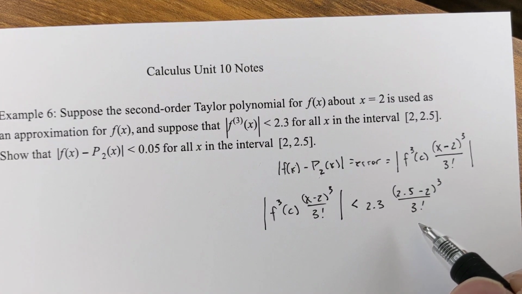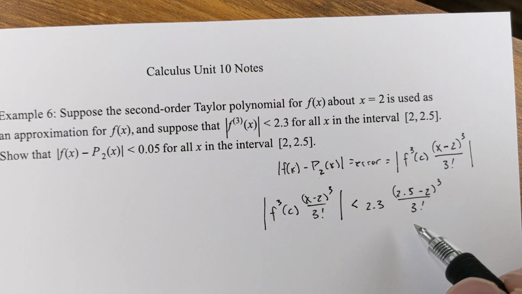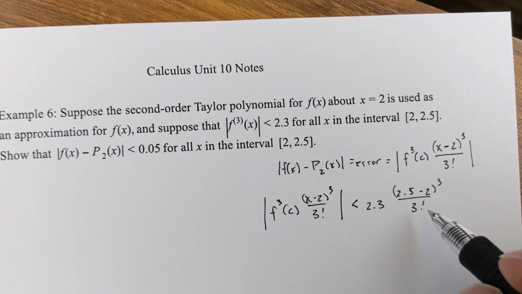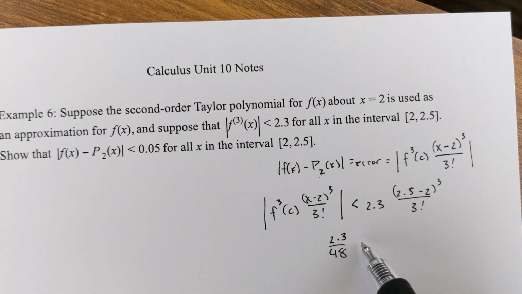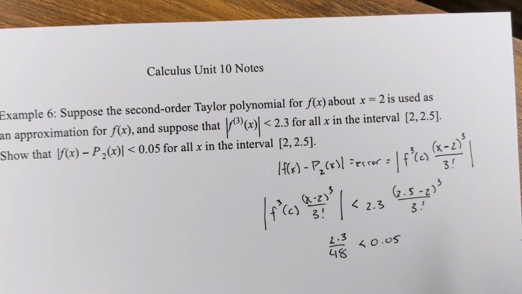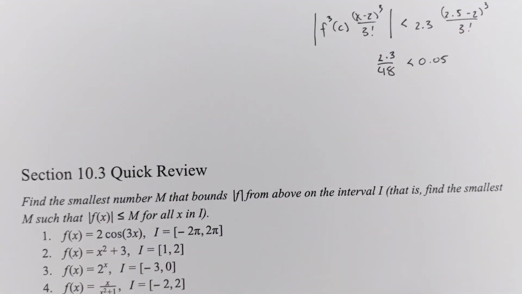So we get 2.3 over 48, which is less than 0.05, which is what we were trying to prove. And that brings us to the end of the section.